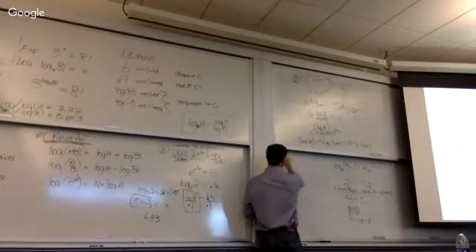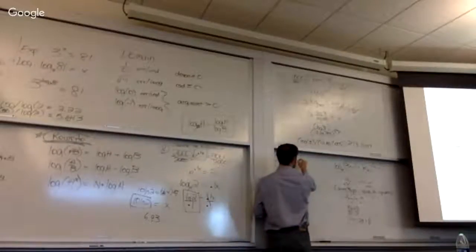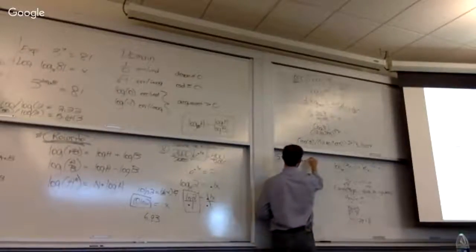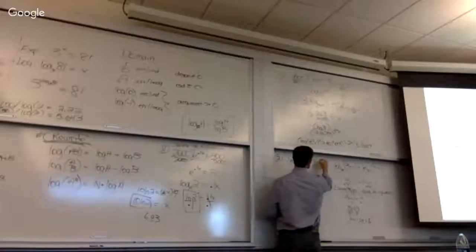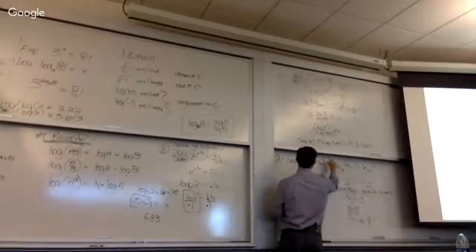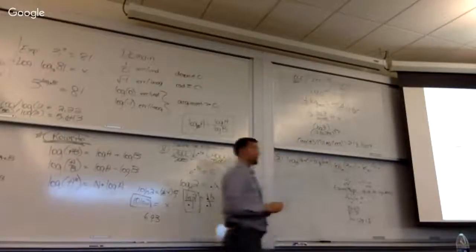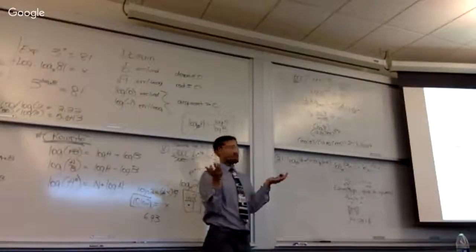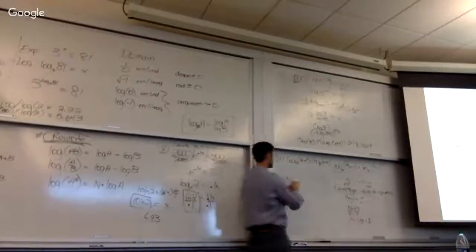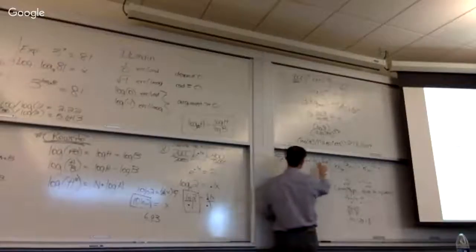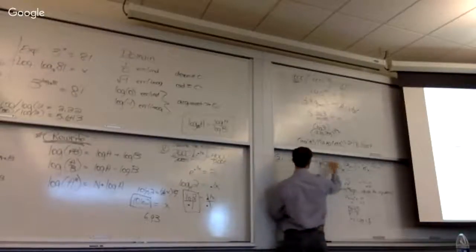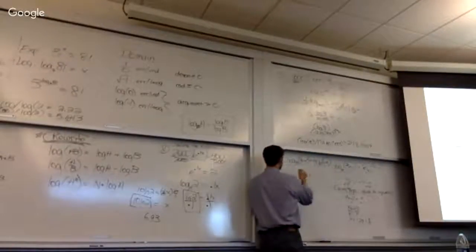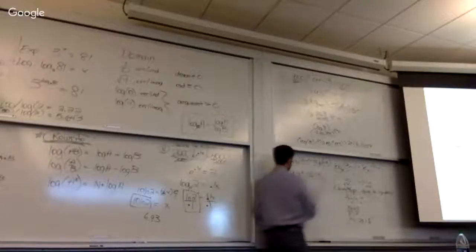In number 2, we have log base 5 of 18 minus x squared equals log base 5 of 6 minus x. Again, since the log base 5 is the same base on both sides, we say equate the logs, therefore equate the arguments. So now I know that 18 minus x squared must be equal to 6 minus x.